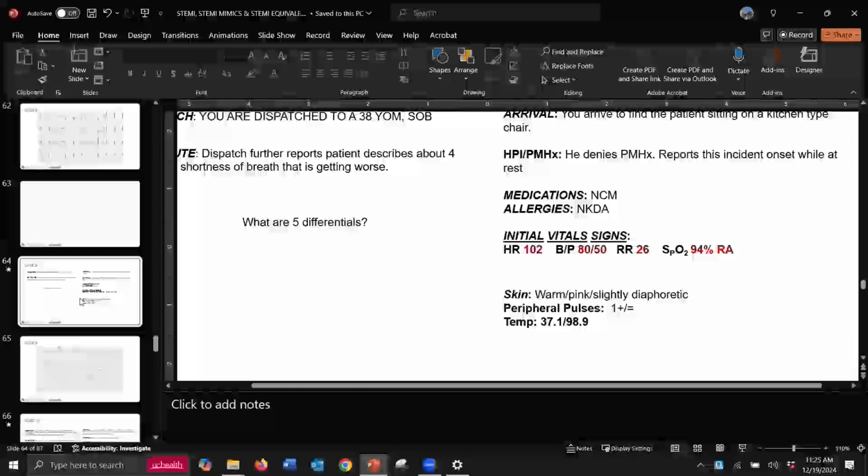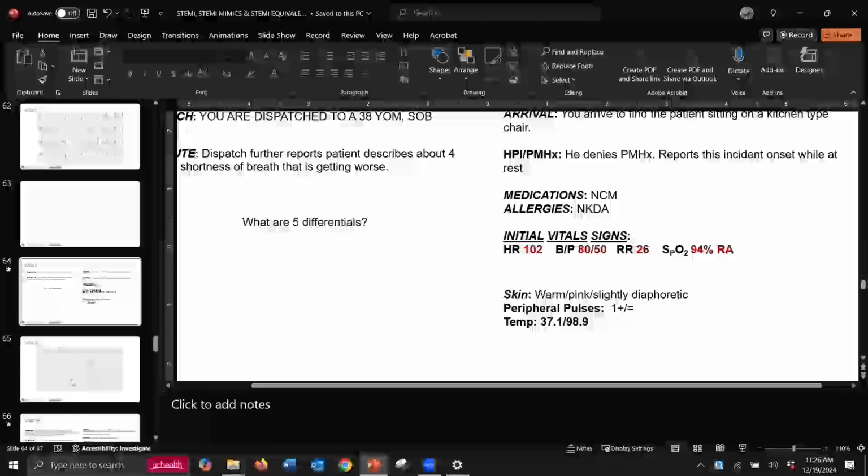The problem is you have decent sats, but you have a high heart rate, low blood pressure, a high ventilatory rate, and only satting 94% with a ventilatory rate that high. Wouldn't you expect your saturation to be higher with a ventilatory rate of 26? Yeah, absolutely. I agree with you.